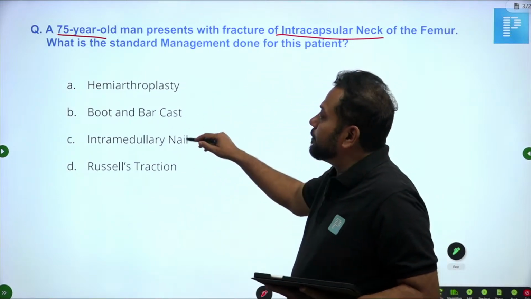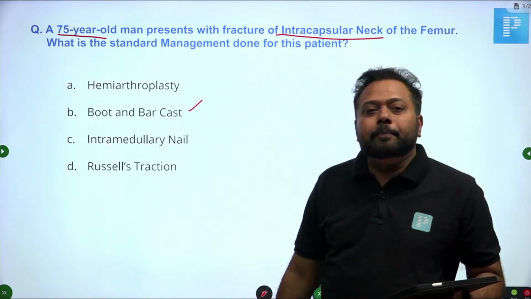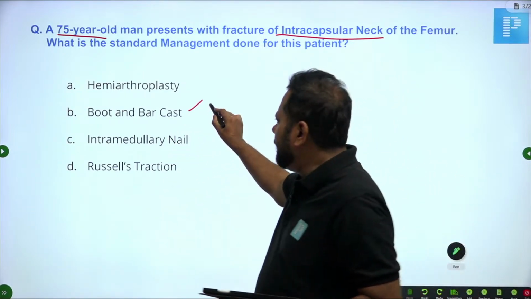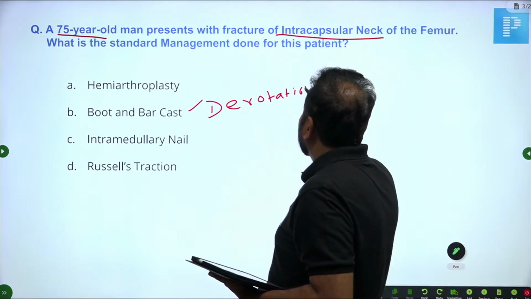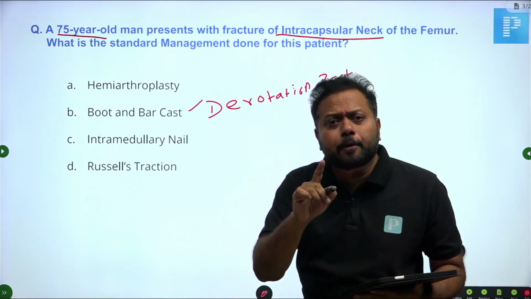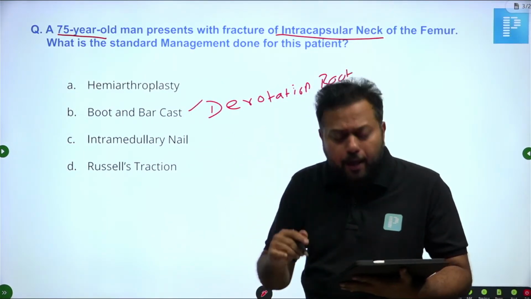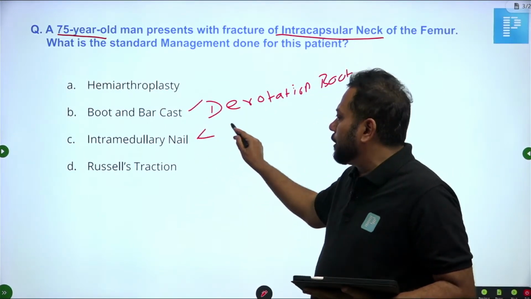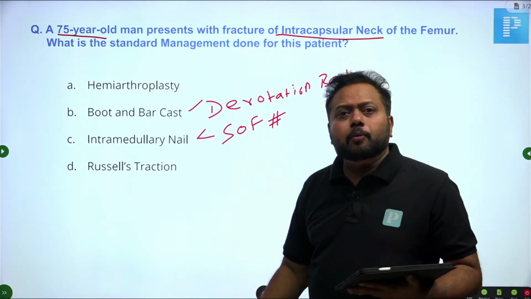When you read this option, boot and bar cast, this is called derotation boot. And derotation boot is the treatment for intertrochanteric fracture, not for neck of femur fracture, especially intracapsular. Intramedullary nail is the treatment of choice for shaft of femur fracture, not for your neck.